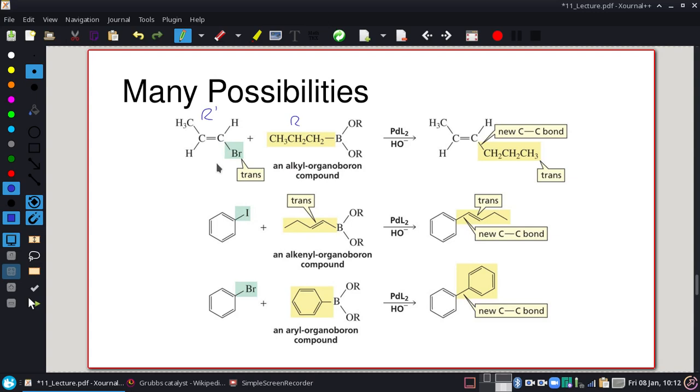And in the Suzuki reaction, the new bond that's formed has the same stereochemistry that both of these species had. So our organohalide is likely to have a very specific orientation. It's going to stay that way. So we don't get any rearrangements of the stereocenters. If it was cis, it stays cis. If there's an R and S somewhere in the molecule, it stays R or S. So a lot of versatility on this. Very good, usable reaction.